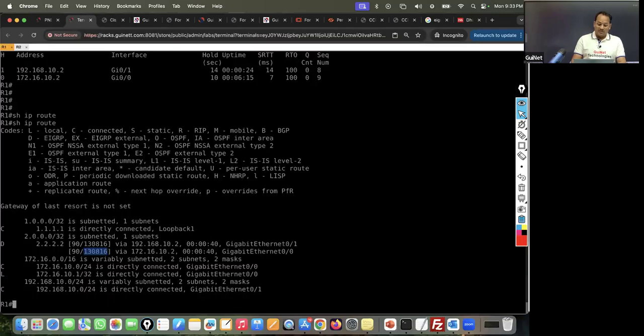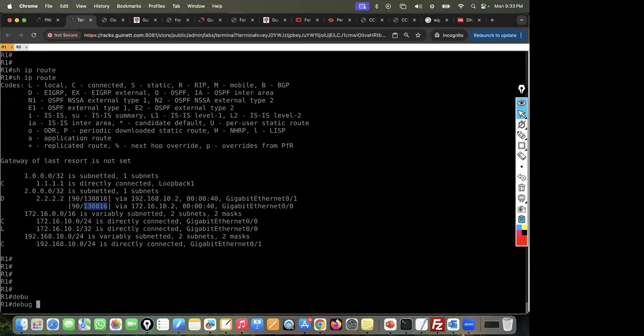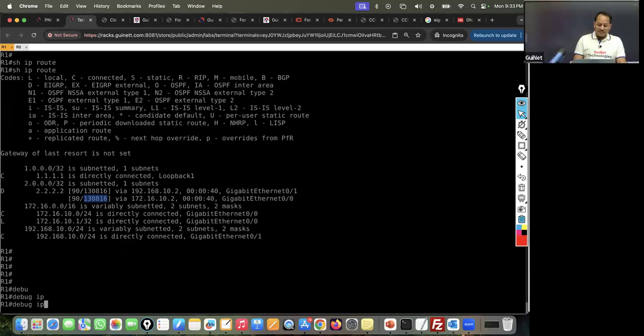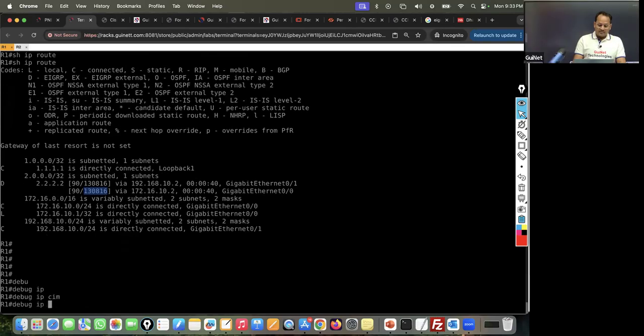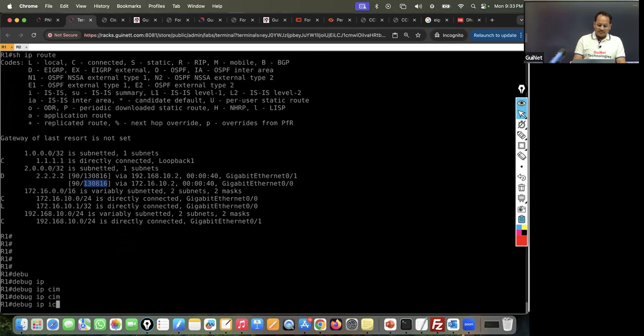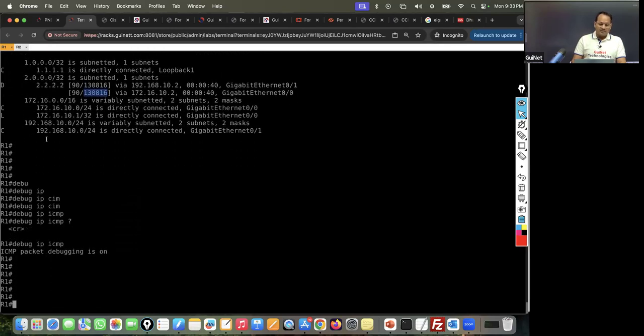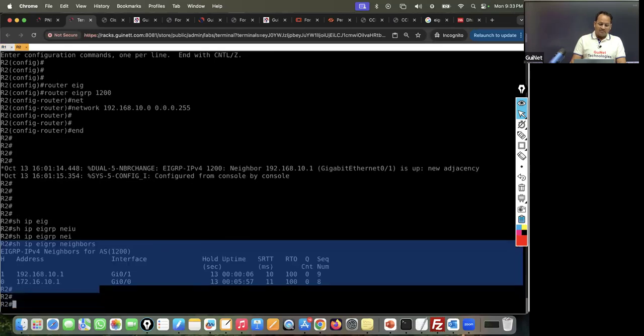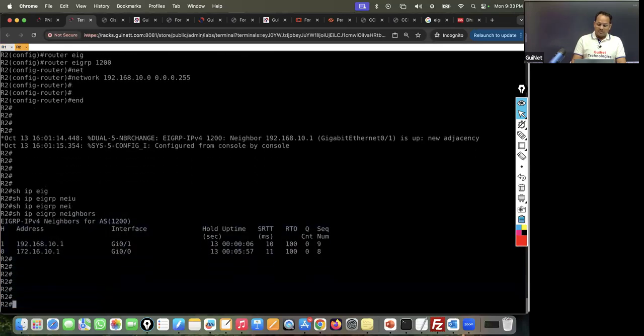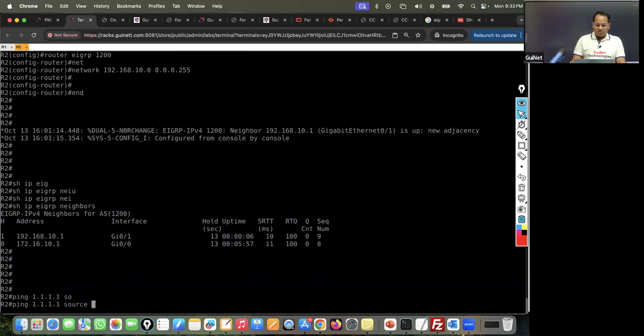Let's do the debug. So I'll go here, debug IP EIGRP. Sorry, I need to enable it. Okay, let's try from a different direction. I'll ping from here to the other link. So I will go here and ping 1.1.1 with source 2.2.2.